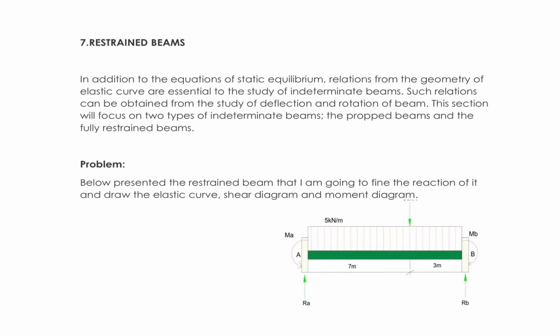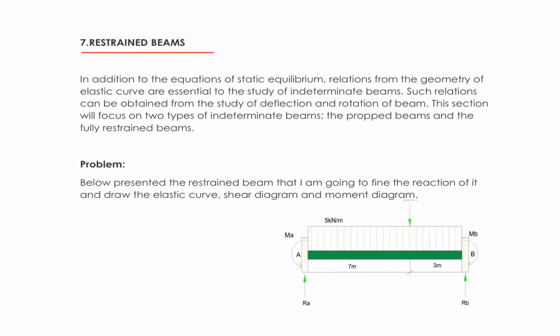So let's move on to the next topic, which is restrained beams. In addition to the equations of static equilibrium, relations from the beam and the geometry of the elastic curve are essential to the study of indeterminate beams.